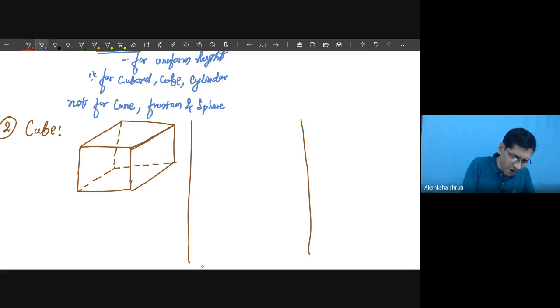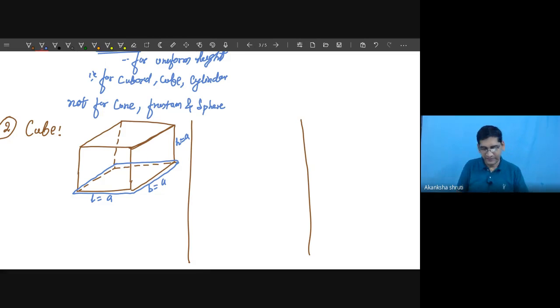In this case, all the length and width are equal, and it is denoted by A itself. This is the height. H is also A. Means even this way you can understand the hidden one, or placing this on the plane of paper, you have placed it with this as the length and this as the width, and this is above.